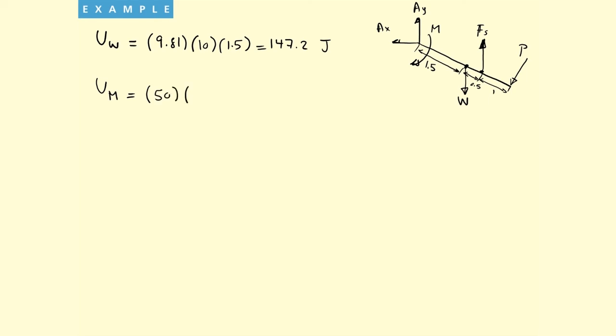Now, theta, don't make the mistake of using degrees. Don't say 90 minus 0. You have to do it in terms of radians. So at 0, you have 0. At 90, you have pi over 2. So it's going to be pi over 2 minus 0, which is basically pi over 2. And this will give me 78.5 joules.